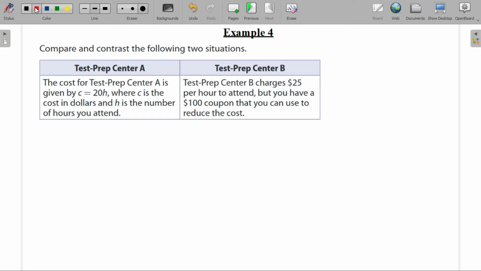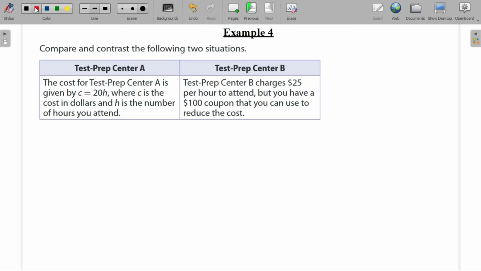Then we're given a second situation where we have Test Prep Center B. Test Prep Center B charges $25 per hour to attend, but you have a $100 coupon that you can use to reduce the cost. So when we look at these two scenarios, what stands out is that we might want to use the equation method for being able to compare and contrast these two situations or options.